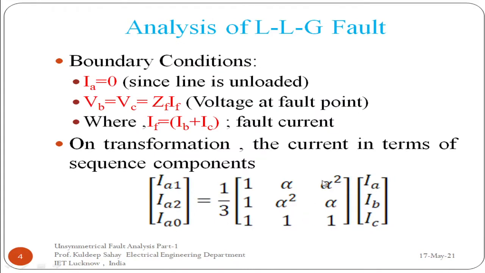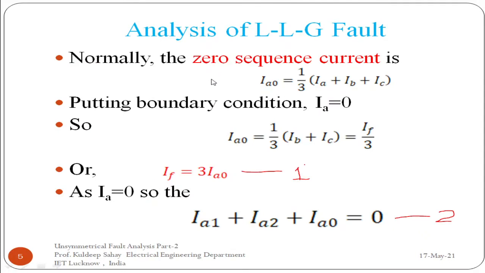From here we can get the positive, negative and zero sequence currents. On solving, the zero sequence current is 1/3 of IA plus IB plus IC, and putting the boundary condition IA equal to 0, IA naught will be equal to 1/3 of IB plus IC, while IB plus IC is the fault current. So the fault current IF equals 3 times the zero sequence current.